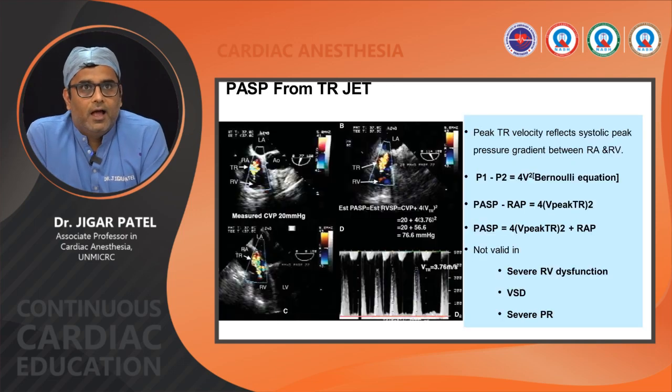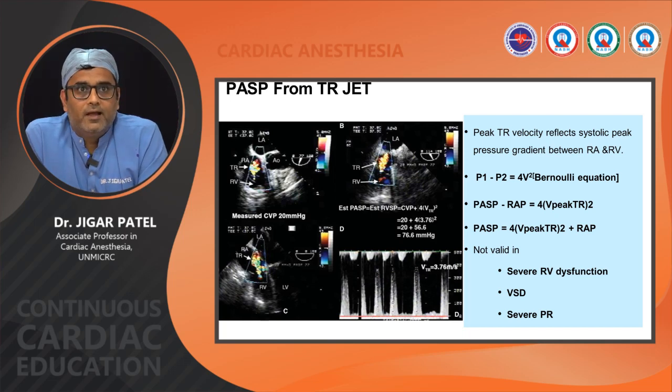First we see RVSP or pulmonary artery systolic pressure measurement from TR. You can measure TR in the mid-esophageal 4-chamber view or RV inflow-outflow view. This peak TR velocity, as you see in the image, reflects the systolic peak pressure gradient between RA and RV. Here RV is the originating or high pressure chamber and RA is the low pressure chamber.